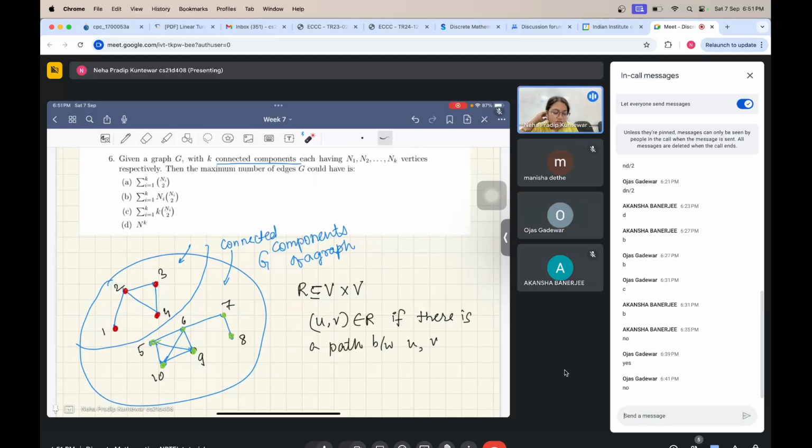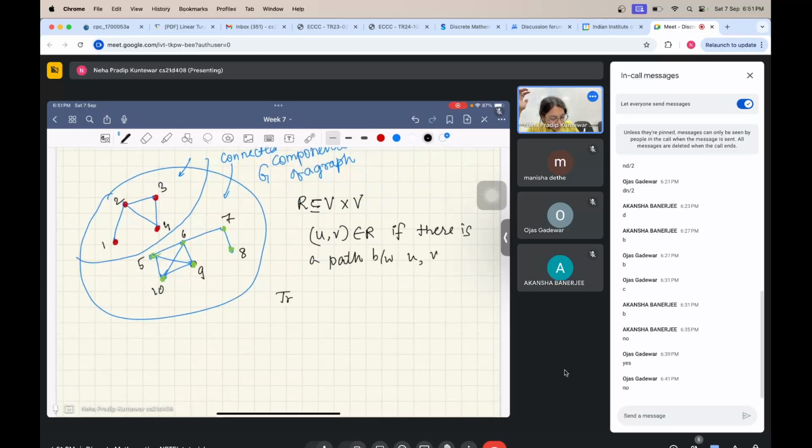Okay, right, it is transitive, because if you have a path from u to v and another path from v to w, then you have a path from u to w. That is correct. It need not be a path, it could be a trail or tour or anything.